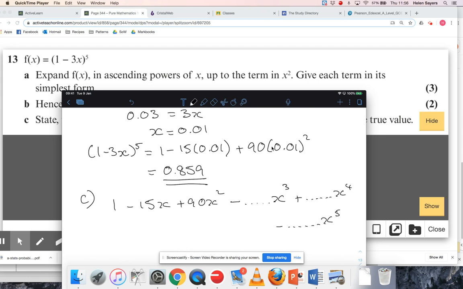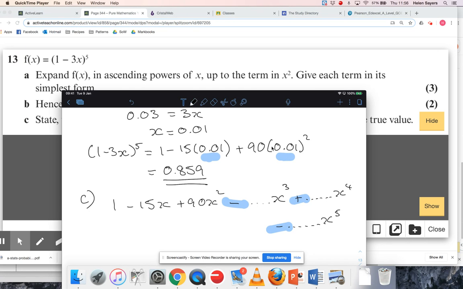So I do know that the x cubed term will be negative, and the x to the 4 will be a positive term. The x cubed term will be larger than the x to the 4 term, because every time I increase the power, this is going to move down one more place value.